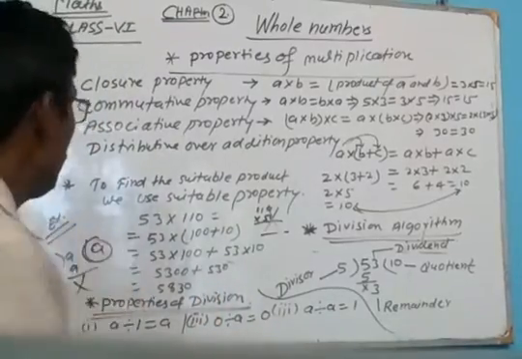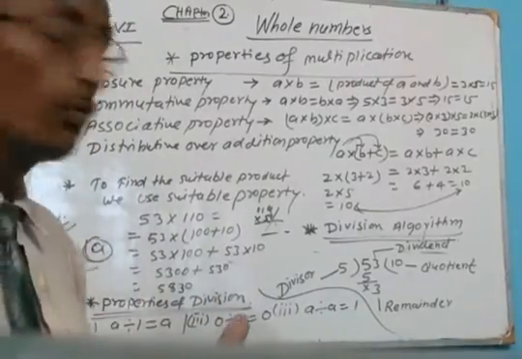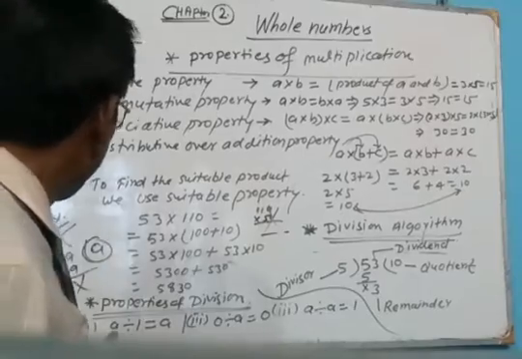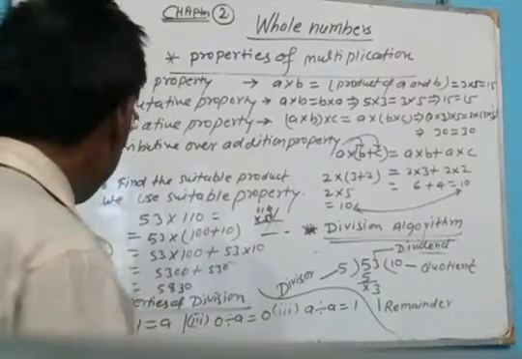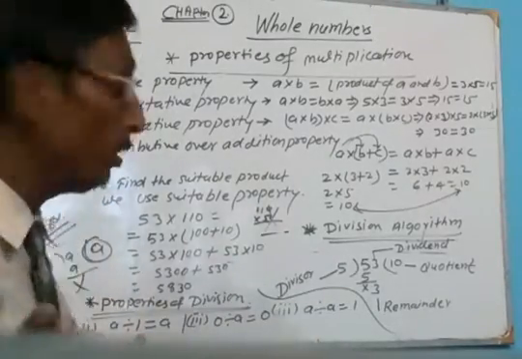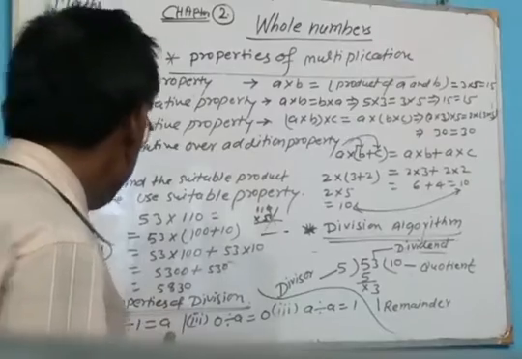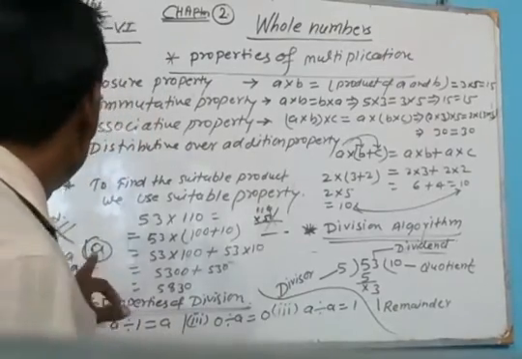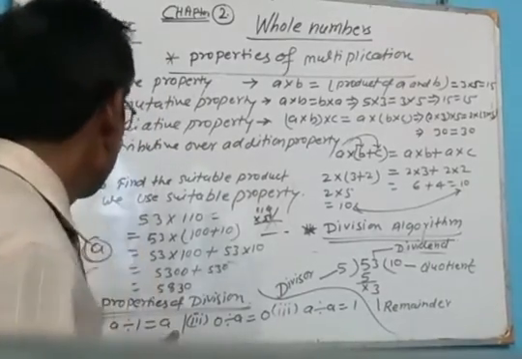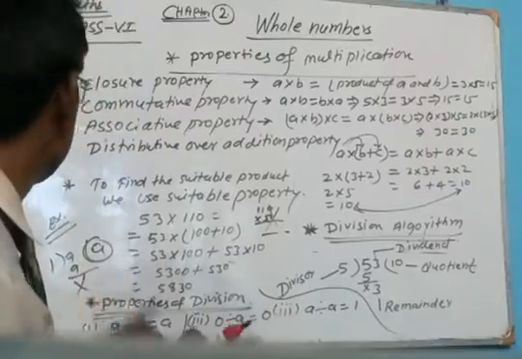So the quotient is A. So the first property: if we have number A and we divide the number by 1, we get the result which is the dividend. So it is the first property.